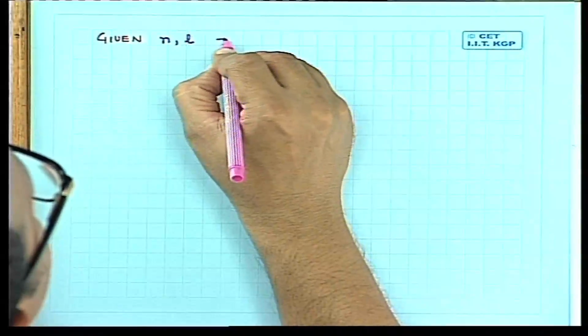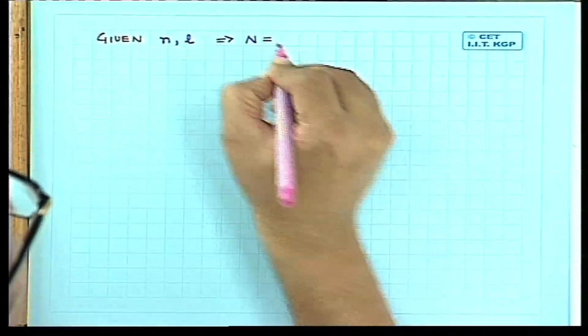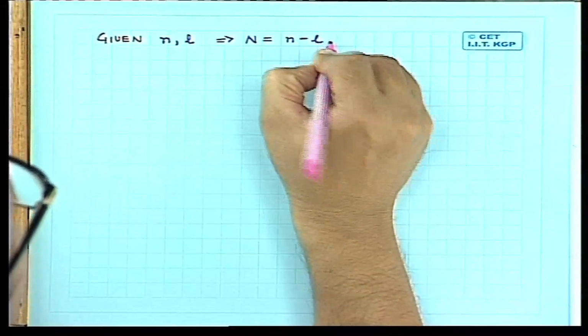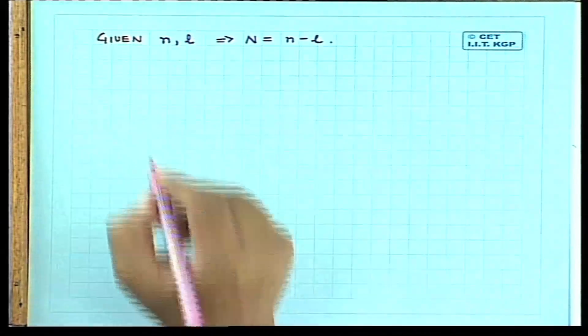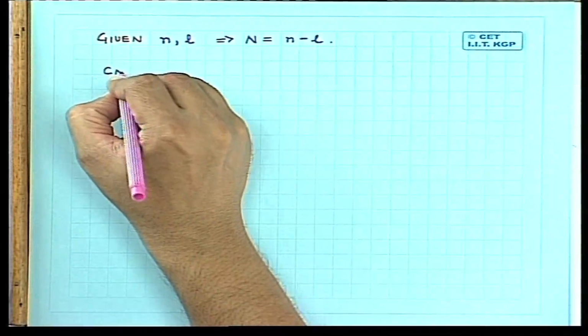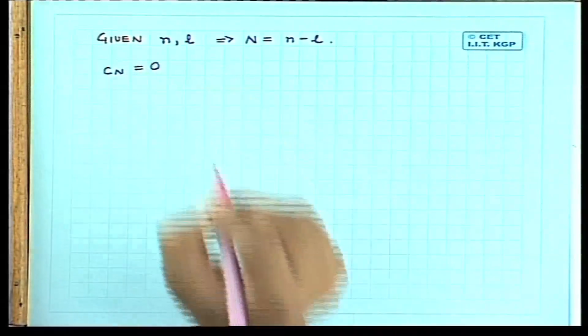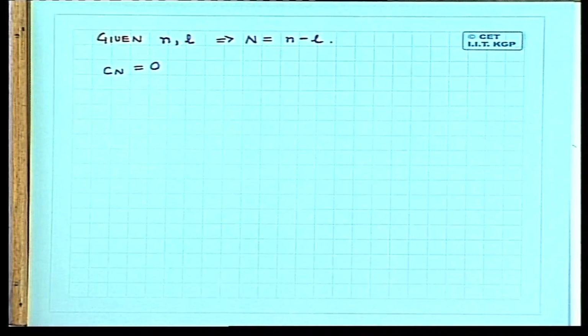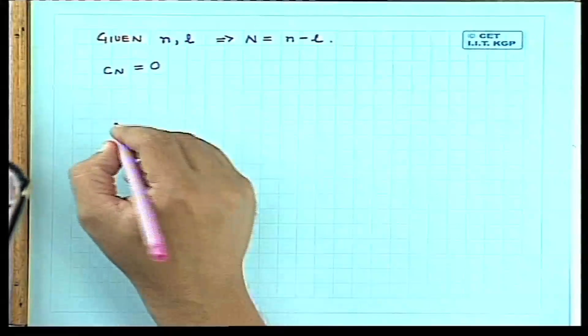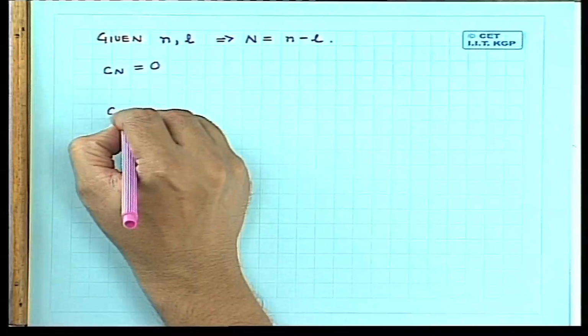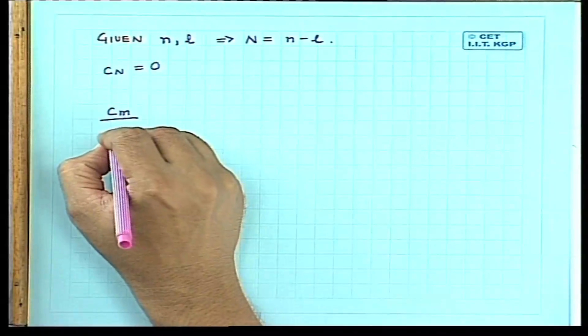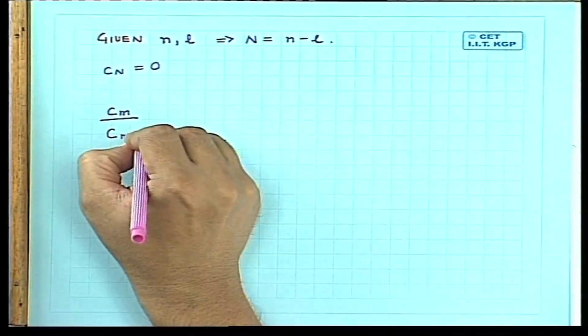So we know this implies that C_N is equal to 0 and all the higher coefficients are equal to 0. Now let us find out what is the relation between some arbitrary C_m and C_(m minus 1).